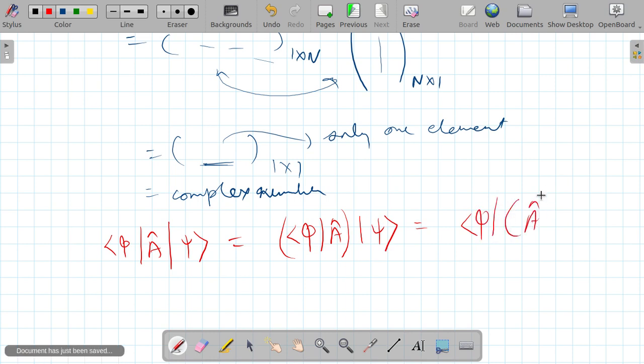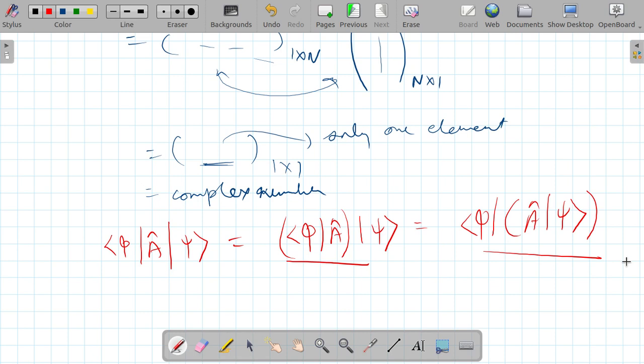So both are the same thing. This operator can operate with this first, and then with this, and so on. That means things will not change. Both results are equivalent and the resultant will not change. This is a very brief discussion about the operators.